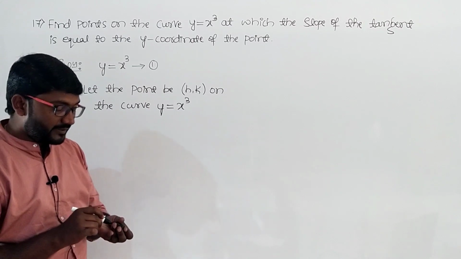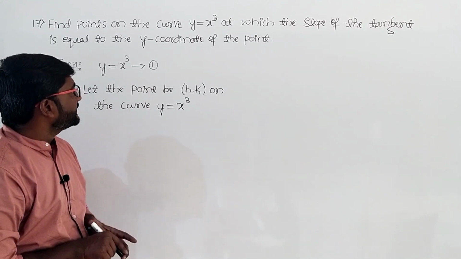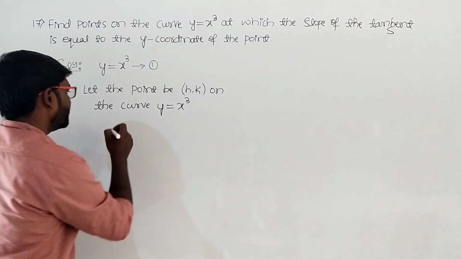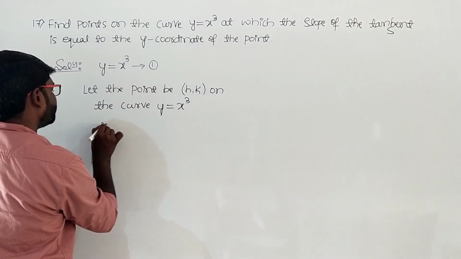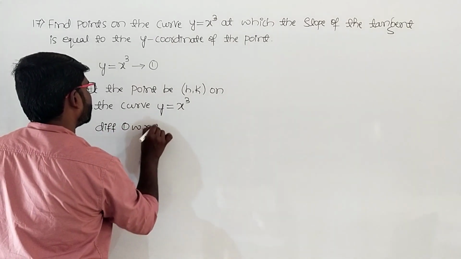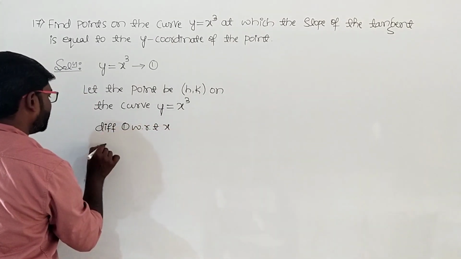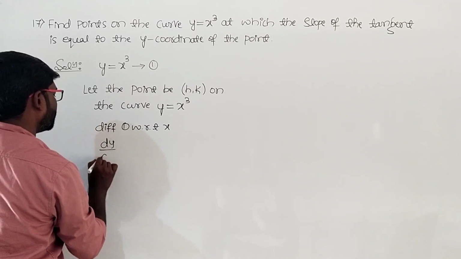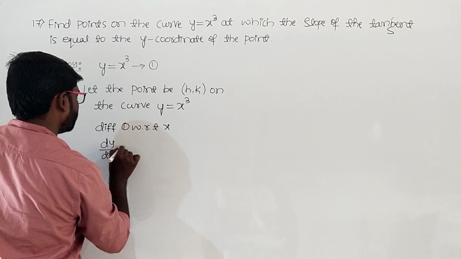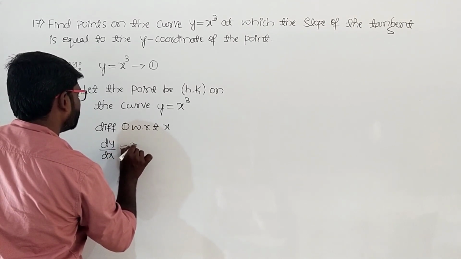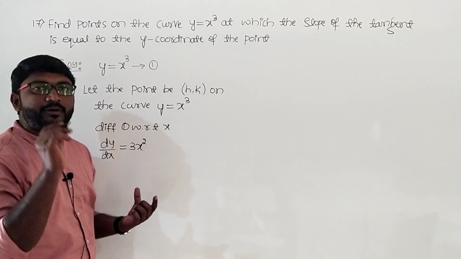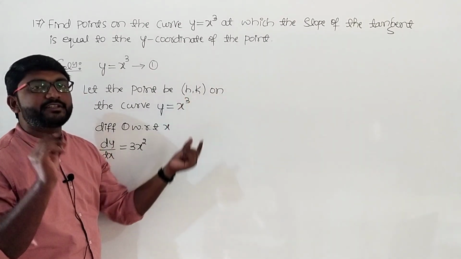Now we will have to go for the slope of the tangent. That means we have to differentiate equation 1 with respect to x. So differentiate equation 1 with respect to x, you get dy by dx equals 3x square.